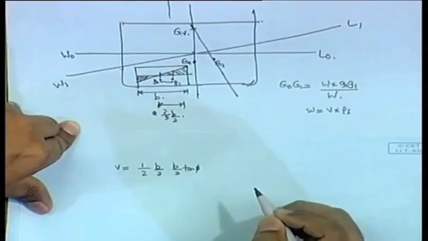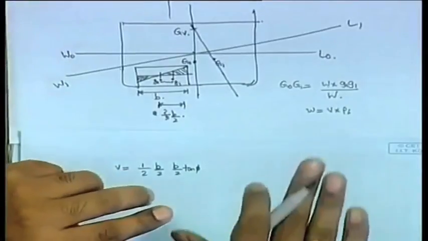Note one thing. The ship is like this, and there is a tank here and there is a liquid inside. That liquid surface will be horizontal, because if the ship is horizontal, this will also be horizontal. Then it tilts like this, and this will also tilt in the same fashion, by the same degree.